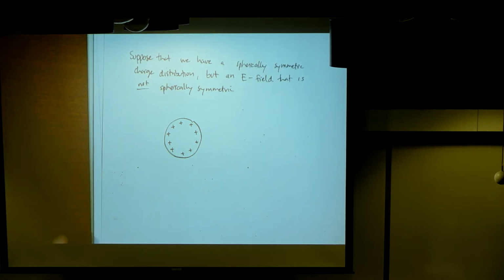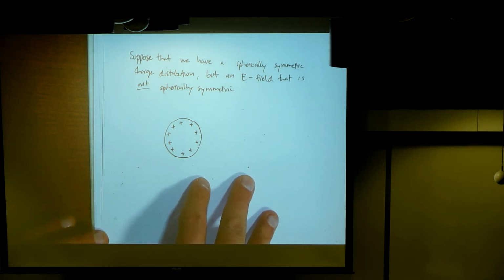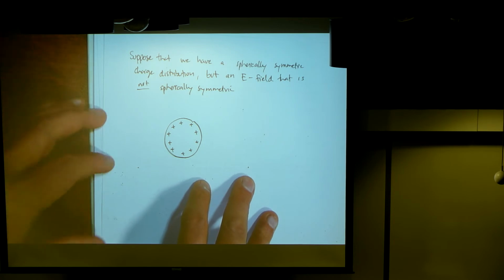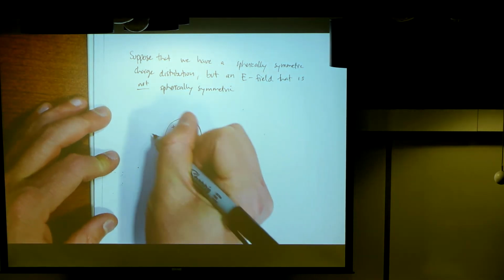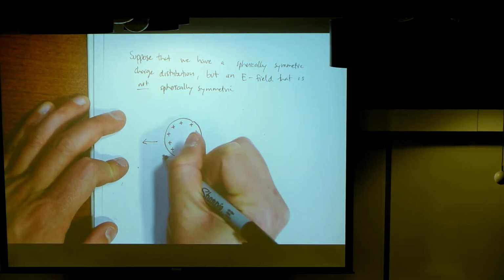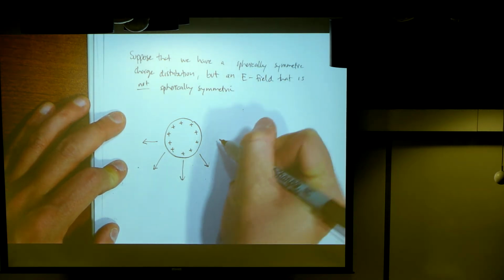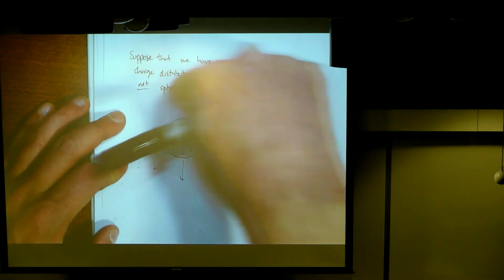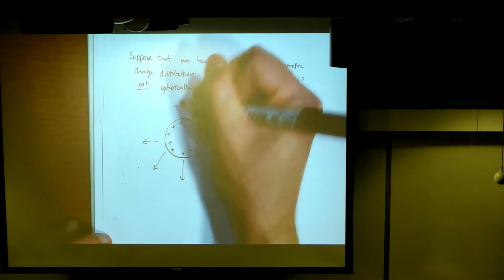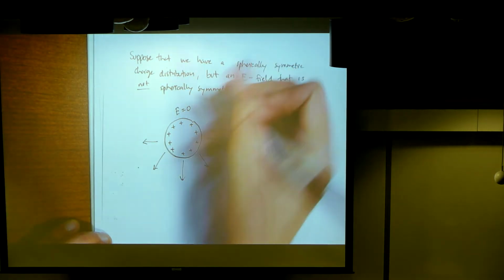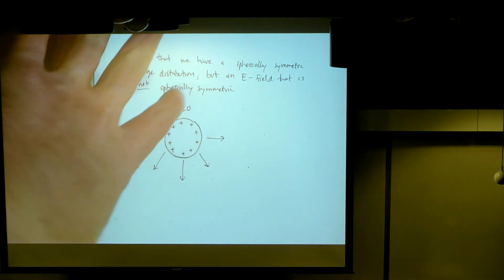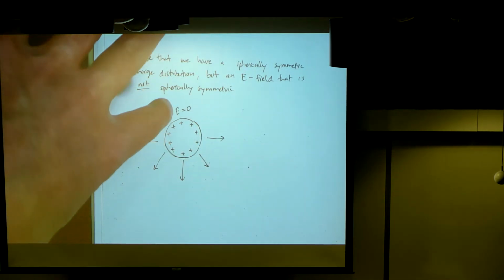Now I can come up with a lot of examples of an E field that's not spherically symmetric, but here's one of them. So maybe we imagine the E field is doing this. It's radiating out in all directions at the bottom, but then somehow it's just zero up here. Okay? So this is wrong, of course, but just imagine that this is the case. Okay?